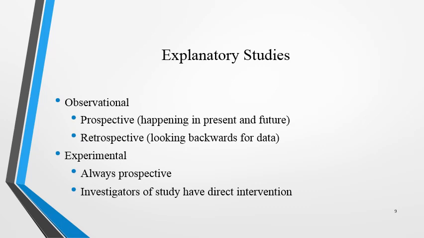This we call a retrospective study. In the prospective, we are observing the current effect and the effect of the drug in the future. While in the retrospective, we will be observing the treatments or the effects of the drug in which the patient has been discharged or the treatment has been completed.